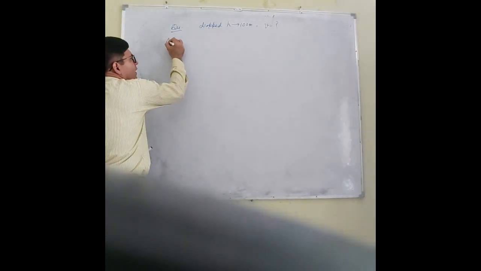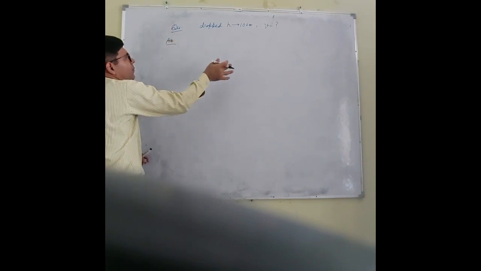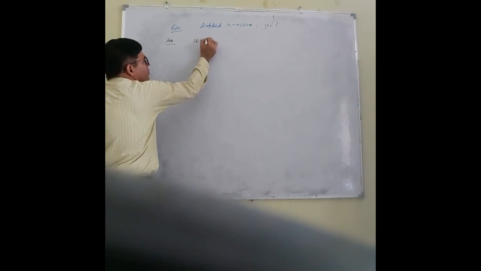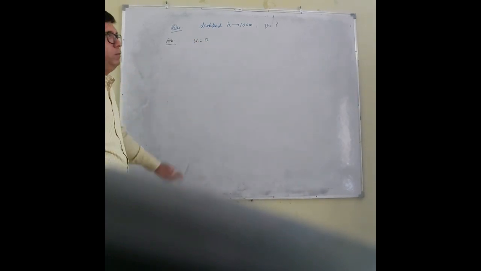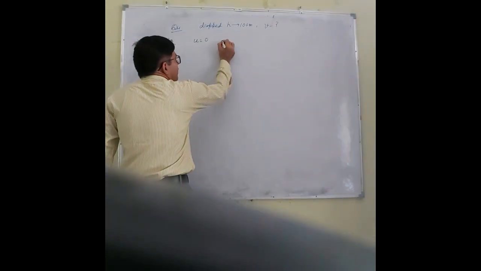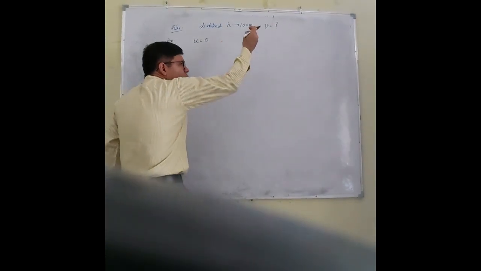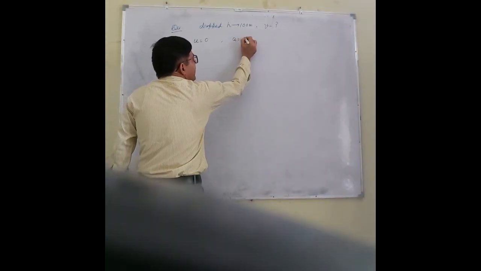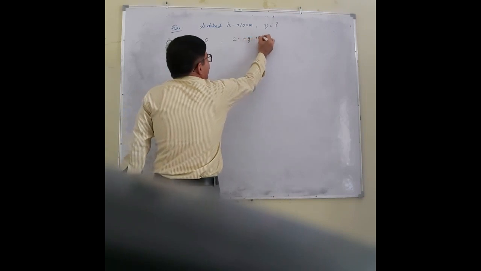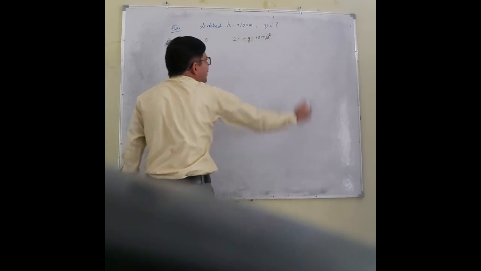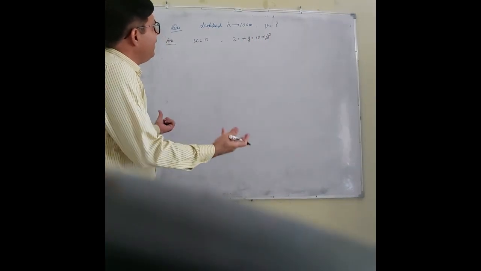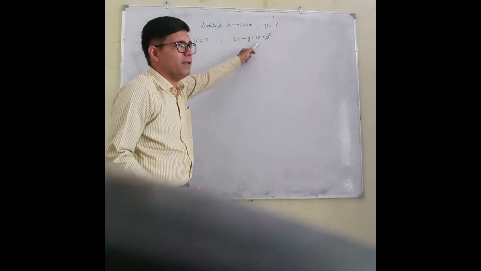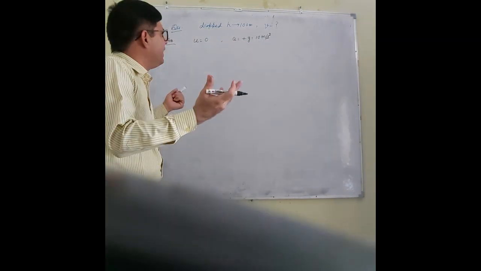Before solving this, thinking which formula will be applicable, let's find out what is given. Body is dropped, so u is 0. And when a body is dropped, it moves downward, so acceleration is plus g. I am taking its simple value, not 9.8, I am taking 10 meter per second square because it will make my calculation easy.